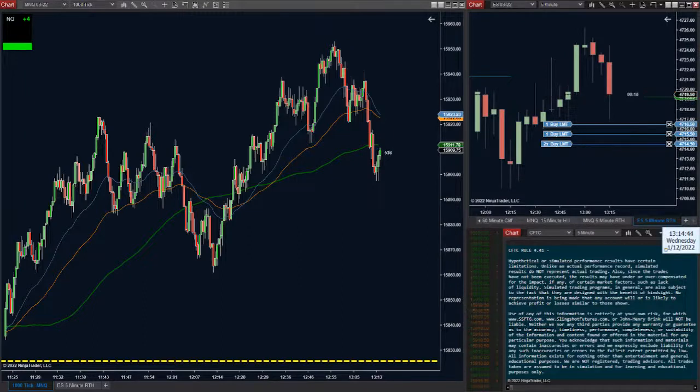That's not very nice. I still like the 1650 area as a shelf. It's a beautiful spot. It makes sense why it's bouncing there, but I was hoping for a couple more ticks.